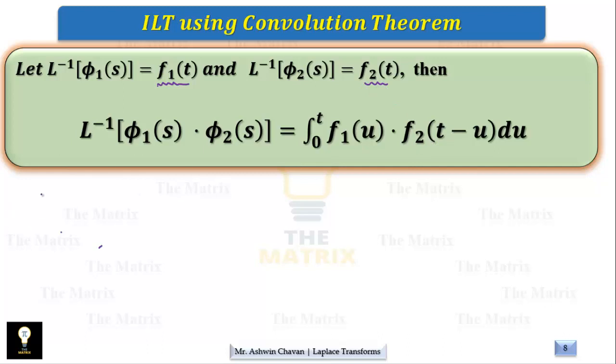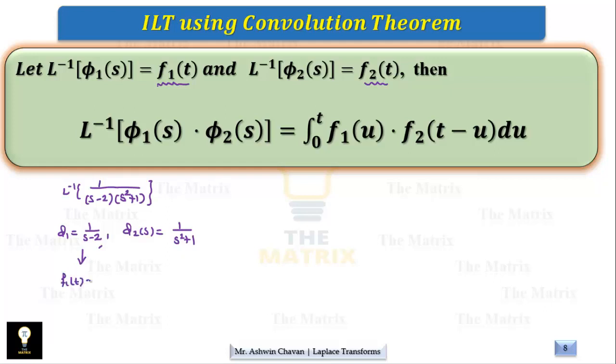For instance, if it is L inverse of 1 upon s minus 2 into s square plus 1, then we can easily see that if we take phi 1 of s as the first function, that is 1 upon s minus 2, and phi 2 of s as the second function, that is 1 upon s square plus 1, we can easily take its inverse Laplace.